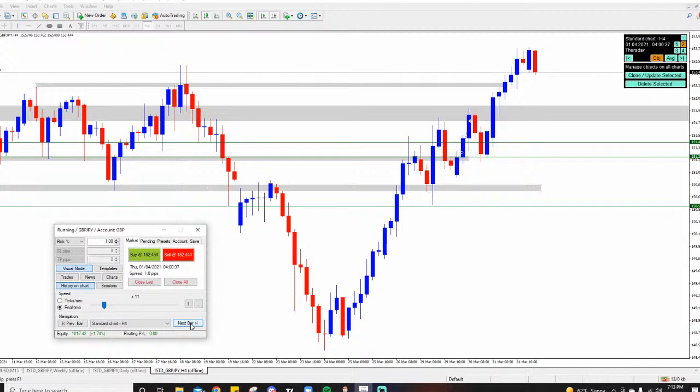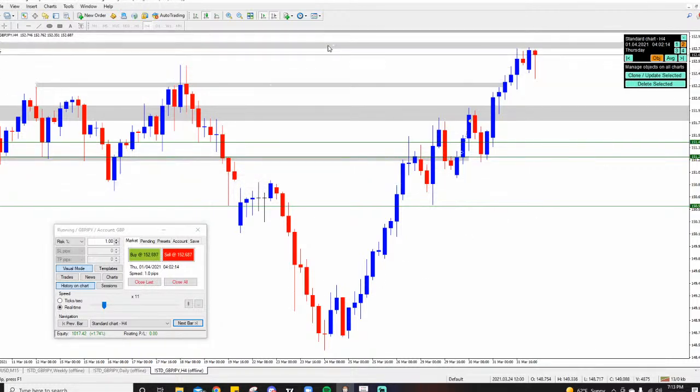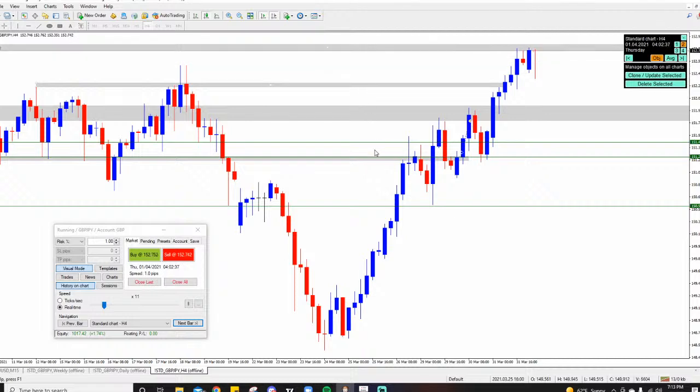Your 4 hour into Asian. Now instead of just creating more zones, we see how price is holding on to this resistance here. So now if you need a buy, just wait for that to break. As soon as it breaks, that's your entry.